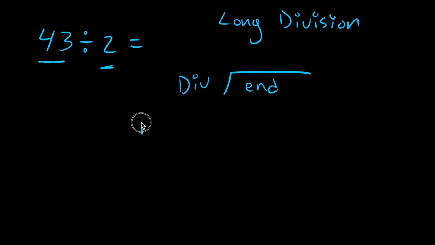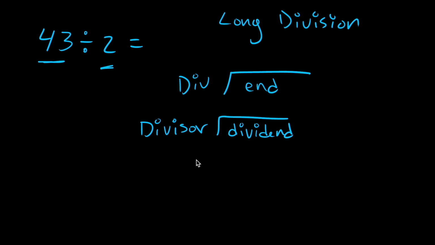Divisor, dividend. So our divisor will be the 2, and the dividend will be the 43. Now, let's write that into our long division, 43 and 2.